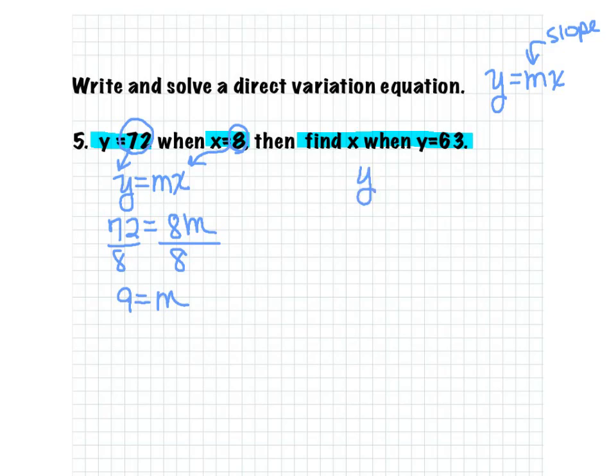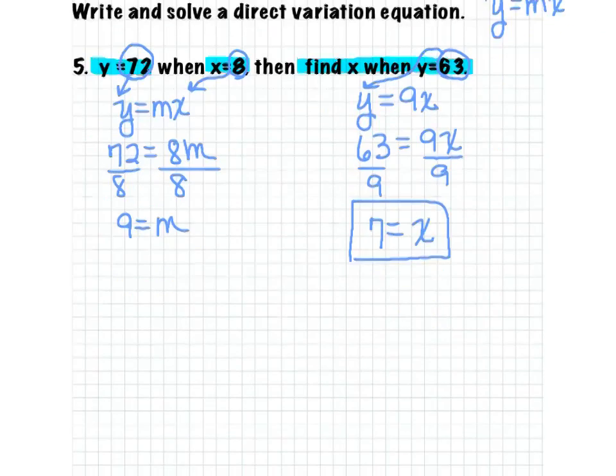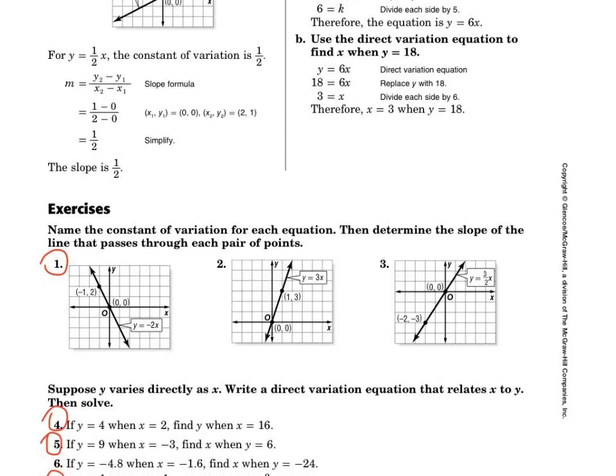It looks like this: y equals 9x. Okay, so how do I find x where y is 63? Let's substitute 63 for y. 63 equals 9 times what number? Divide by 9 on both sides, 7 equals x. And that would be the answer. We're just algebraically finding the equation.